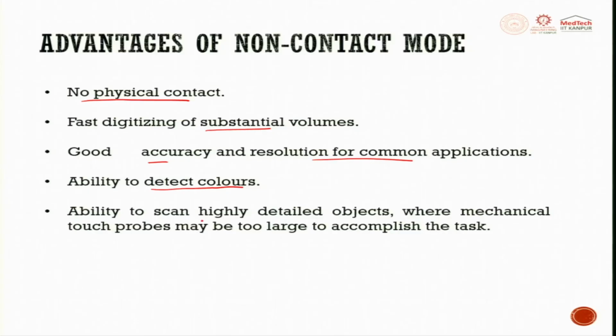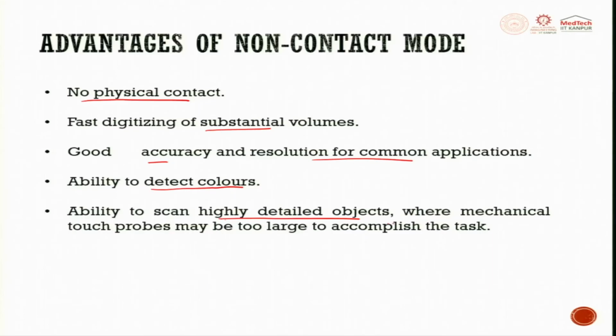The ability to scan highly detailed objects is there, because the scanning resolution in the non-contact scanners could go up to microns. So, we can have more detail of the object that we are trying to scan. So, intricate shapes could also be scanned easily, where mechanical touch probes may be too large to accomplish this task.